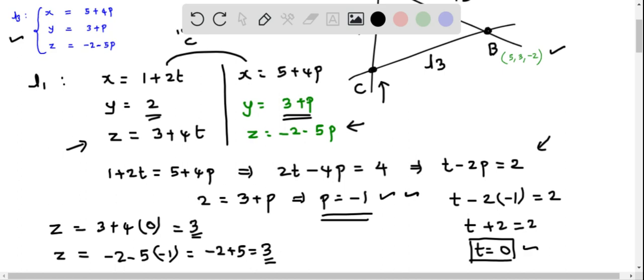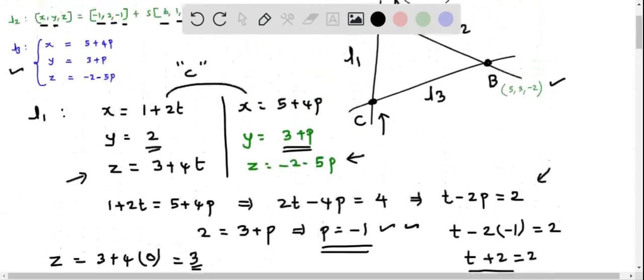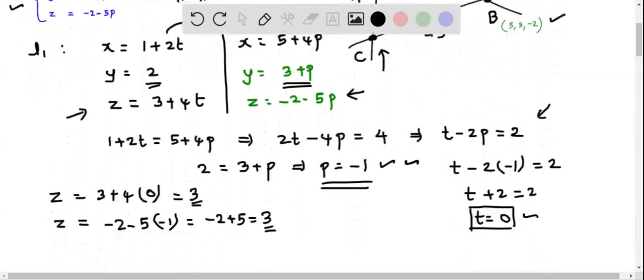Now we can utilize this value of either t or p and substitute in the coordinates. So I'm going to substitute into the x coordinate of L1. So x equals 1 plus 2t, that is 1 plus 2 times 0, and this gives x equals 1.